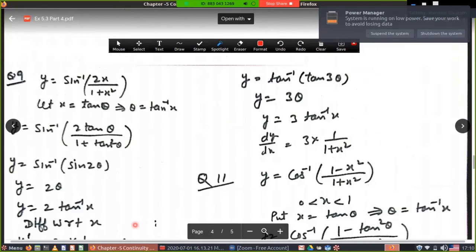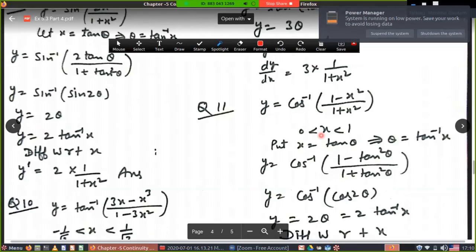You are getting tangent inverse tangent of 3 theta. And tangent inverse and tangent cancel out, 3 theta will be here. Theta's value is tangent inverse x. Now you have to find out the derivative of the function with respect to x. So 3 as it is, derivative of the tangent inverse x is 1 upon 1 plus x square.